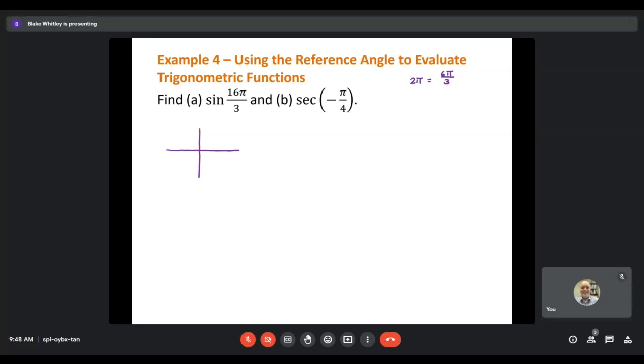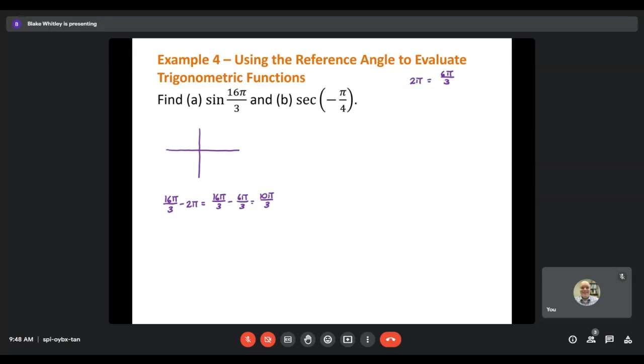So I'm going to take my 16 pi over 3. I'm going to subtract off a full revolution of 2 pi, which we just said is the same as 6 pi over 3. So we're going to do 16 pi over 3 minus 6 pi over 3. And if we do that, we get 10 pi over 3. Still bigger than 2 pi, right? Because that's still bigger than 6 pi over 3.